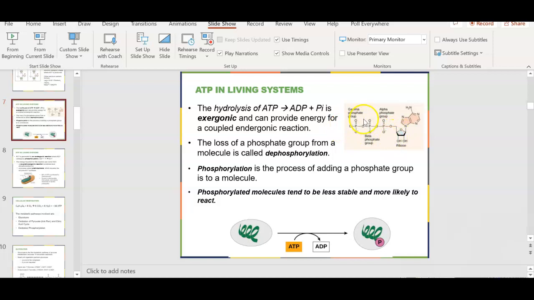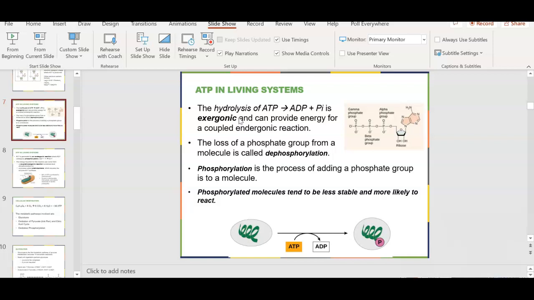When ATP is hydrolyzed using water into ADP and a free phosphate, that process releases energy. It's exergonic. Remember, this would be a reaction with a negative delta G value. In other words, it's a catabolic reaction.